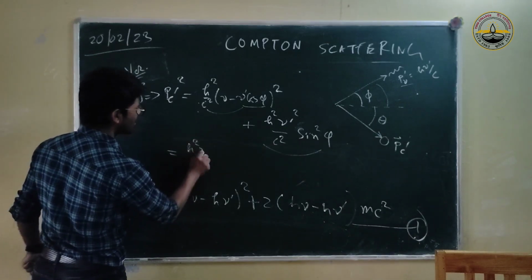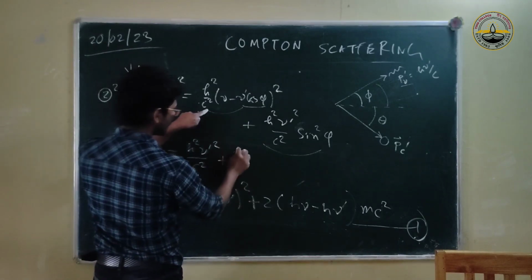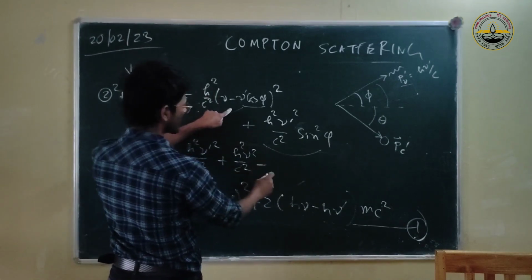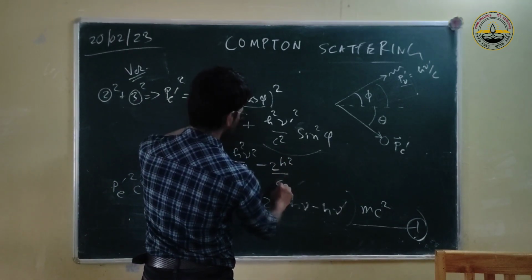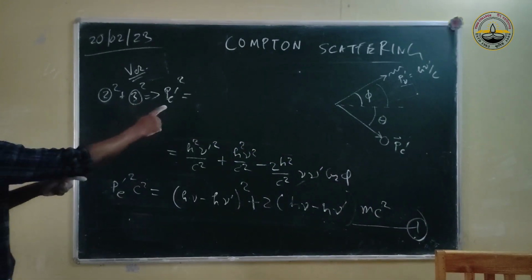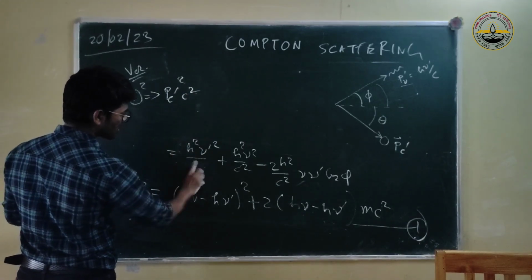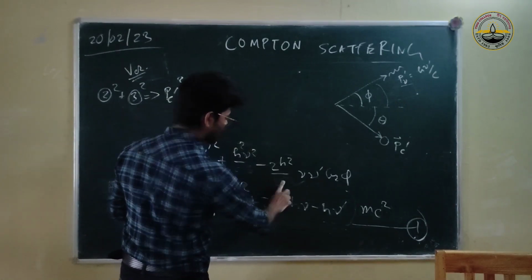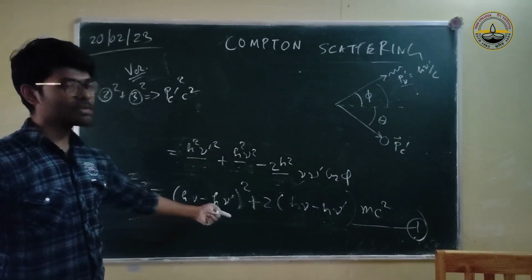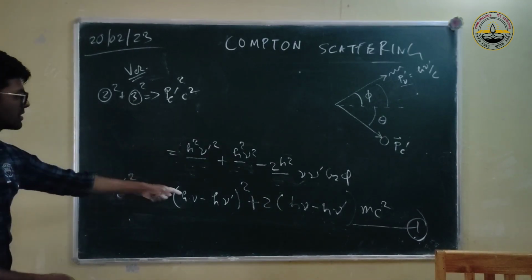So h square nu prime square by c square, plus this thing, of course, h square nu square by c square, and then minus 2h square by c square nu nu prime cos phi. If I multiply this thing by c square, then the c squares cancel out. So p square c square equals this, and p square c square equals this from earlier, energy conservation. We can equate them, so this becomes this.